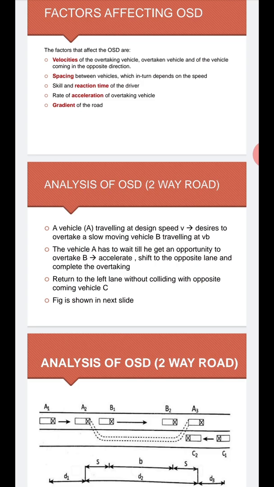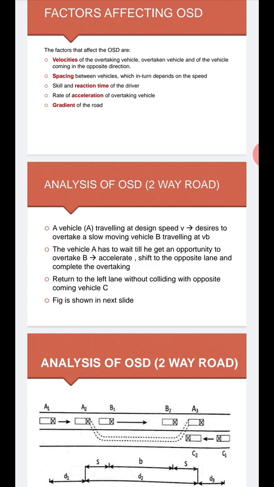Next is the analysis of OSD on a two-way road. In the diagram you can see vehicles A, B and C. Vehicle A is traveling at a design speed V and desires to overtake the slow moving vehicle B, which is moving at a speed of small vb.